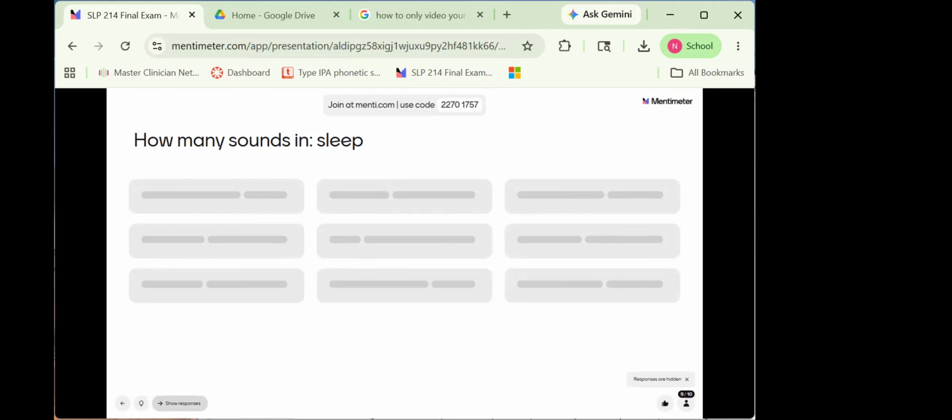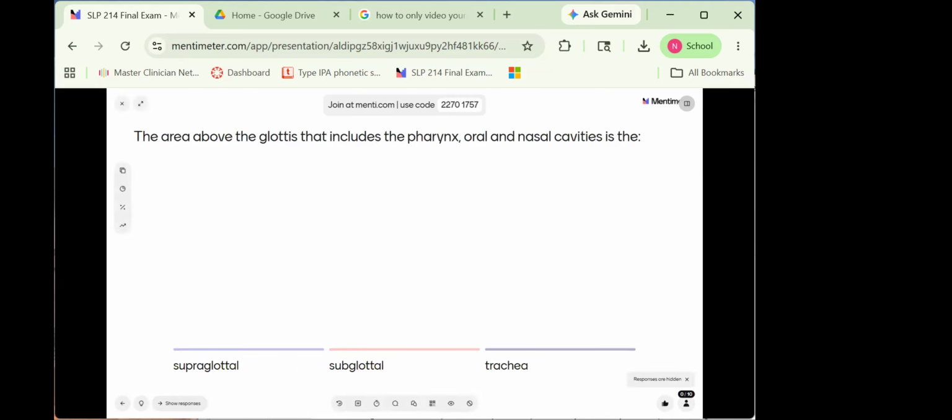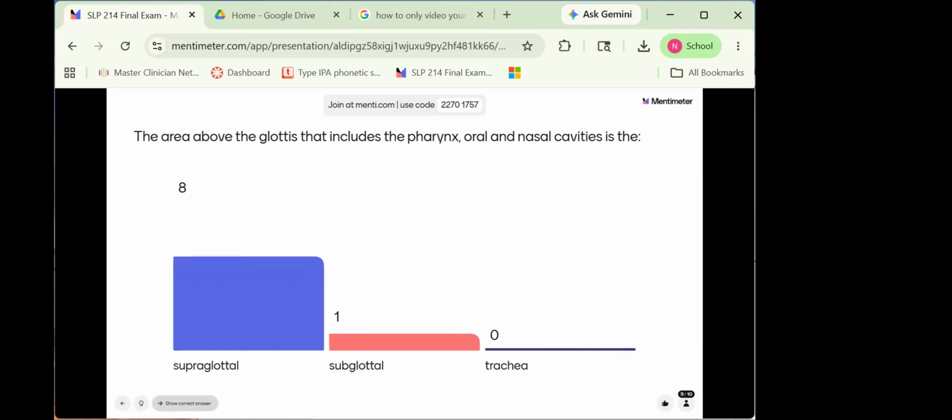Okay, let's look. Sleep. Four sounds. The area above the glottis that includes the pharynx, oral, and nasal cavities is the supralaryngeal tract. Good.